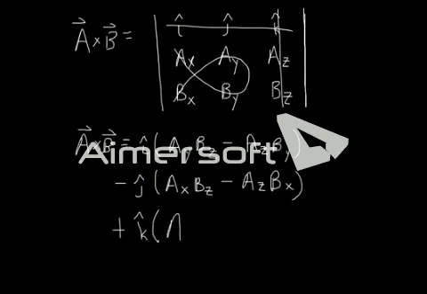We have our AX times BY minus AY times BX. Again, that comes from drawing our little fish shape. And now we have the cross product of A cross B in all general cases. In the I hat direction times AY BZ minus AZ BY, and so on.